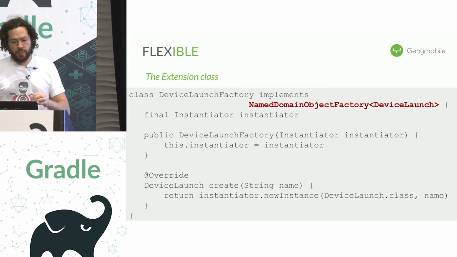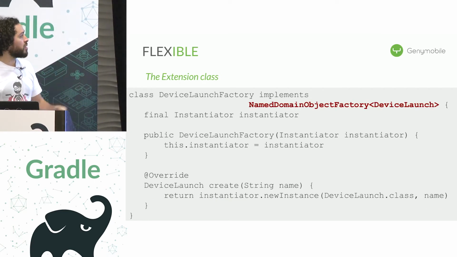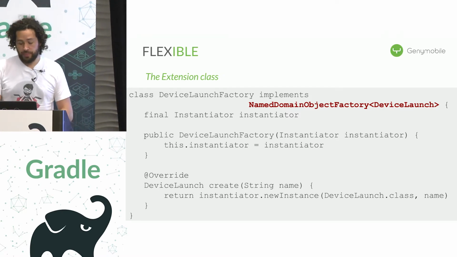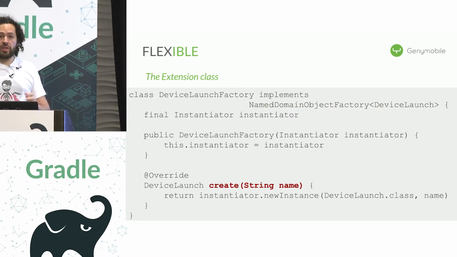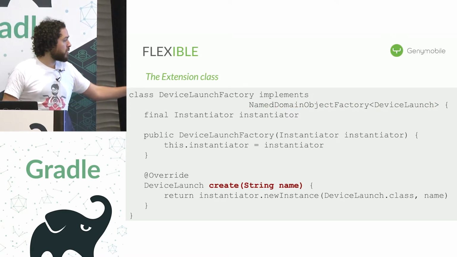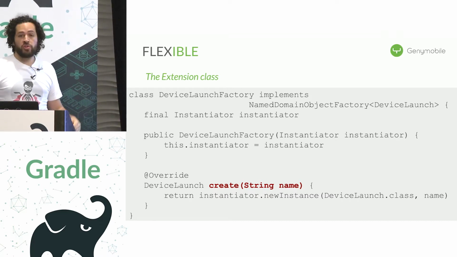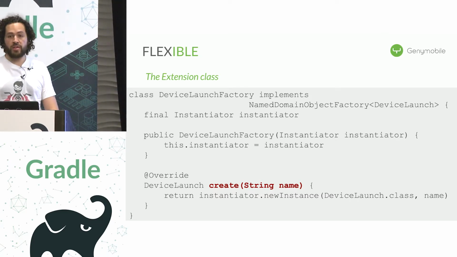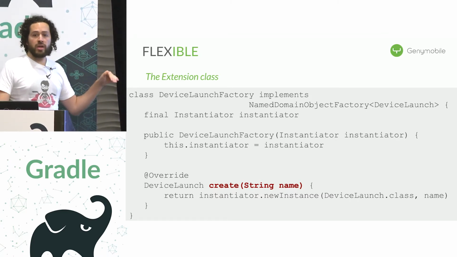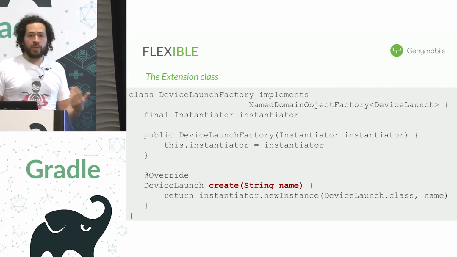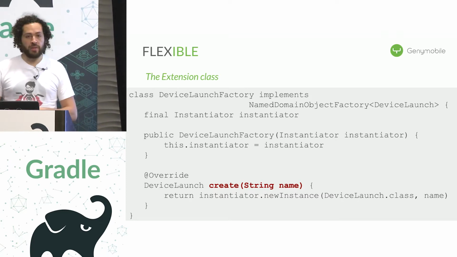On the factory, it's just a simple class implementing a named domain object factory interface. And the only thing that you must do is to override the create method and use the instantiator to create device launch. There are other ways than using instantiator to create these classes dynamically.